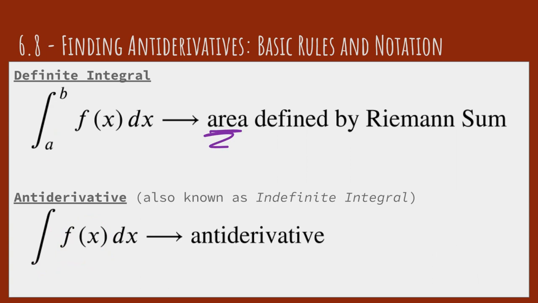This is also known as an indefinite integral, where this was a definite integral. I like the term antiderivative better, because it's descriptive of what it actually does, but indefinite integral is accepted. And just keep in mind that it means something different than the definite integral, even though we use it to get the definite integral.